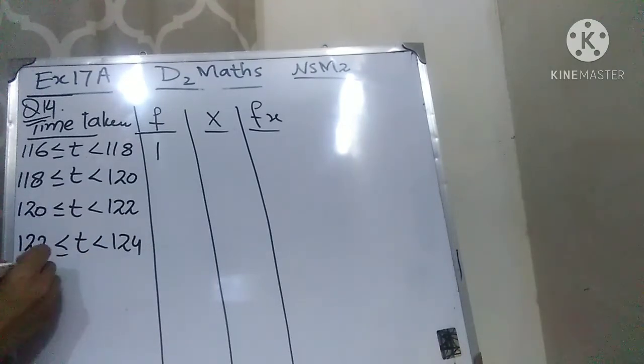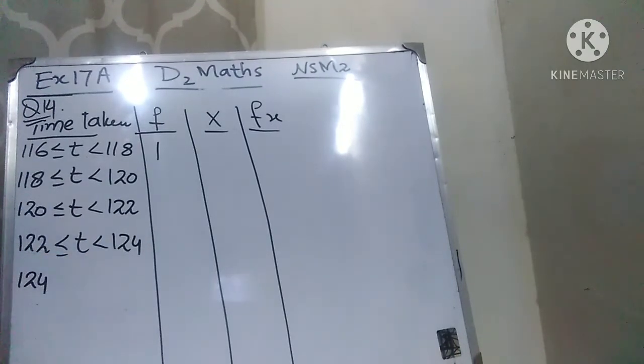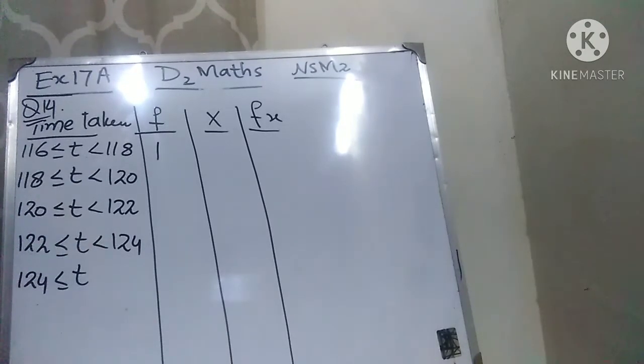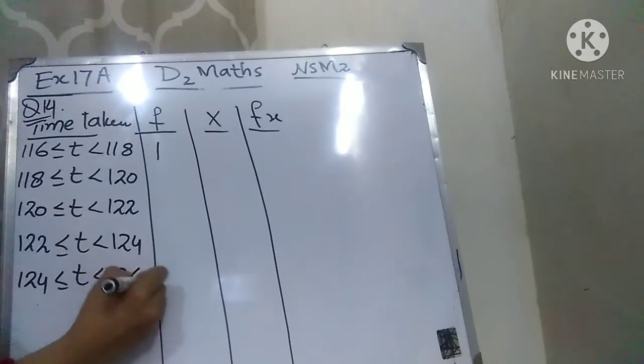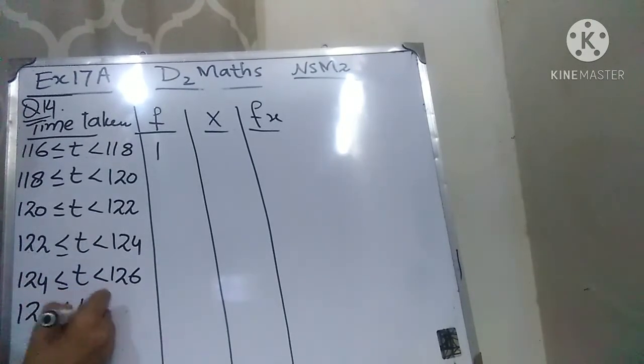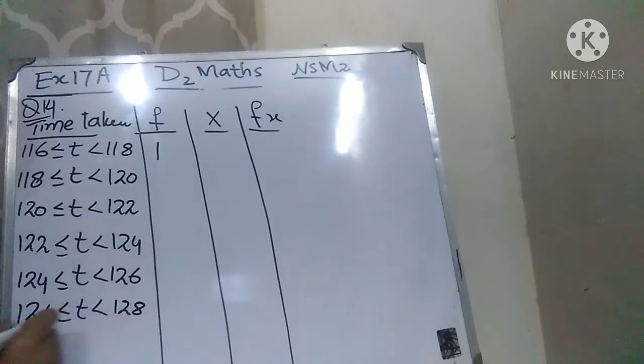Okay, in the same way, 124 less than or equal to t less than 126, and then 126 to 128, and then 128 to 130, and then 130 to 132.